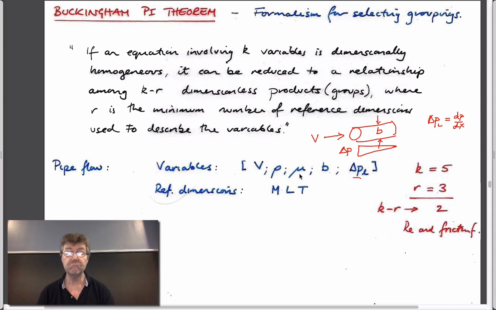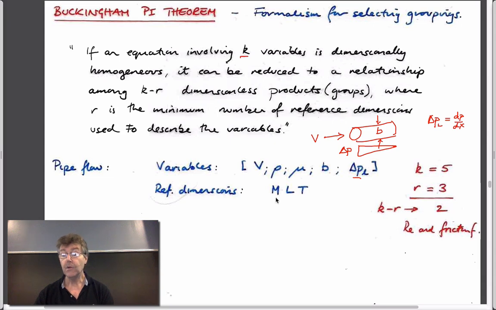We could add compressibility, for instance, but it would just complicate matters. So, k variables. In this case we have 5 variables: velocity, density, viscosity, some length dimension, which is the diameter or the radius, and a pressure gradient. So five variables.